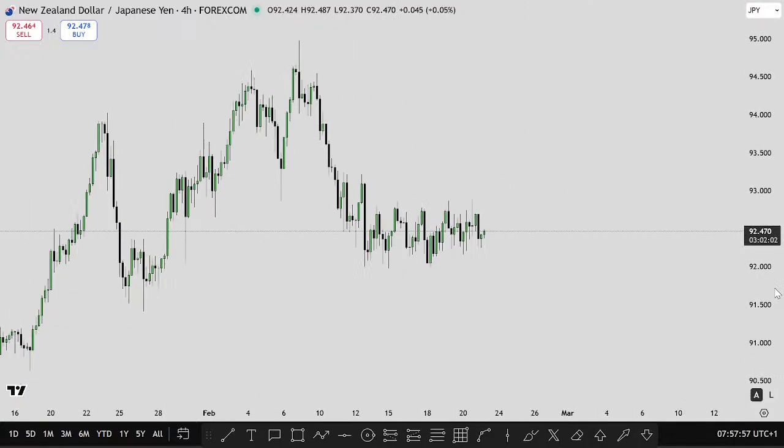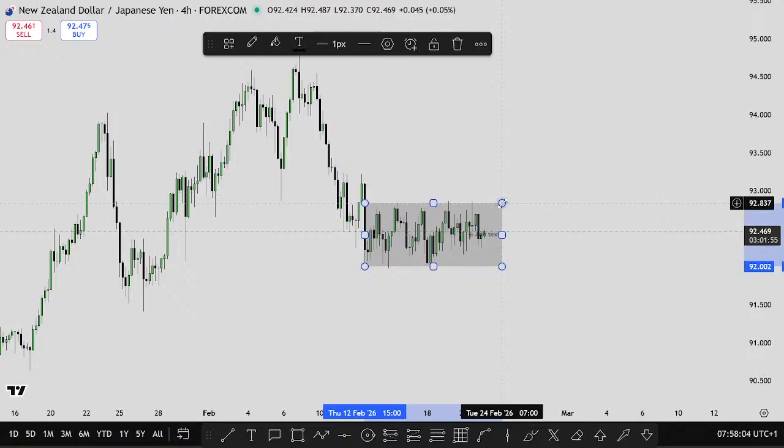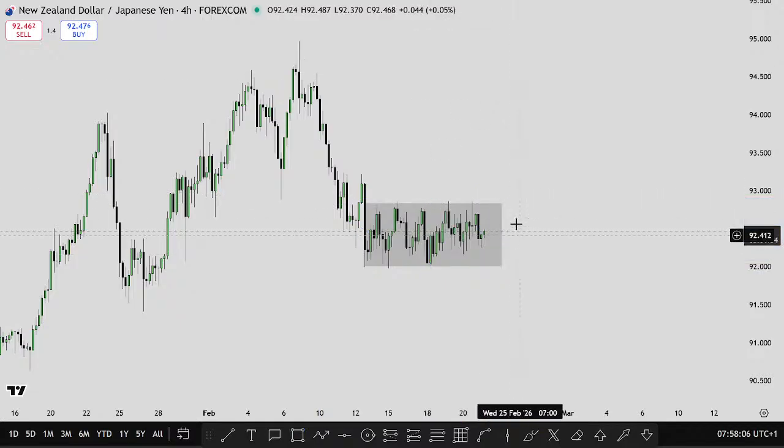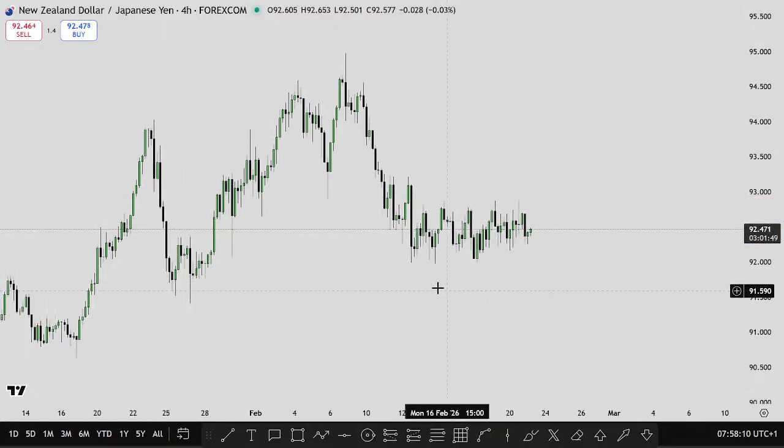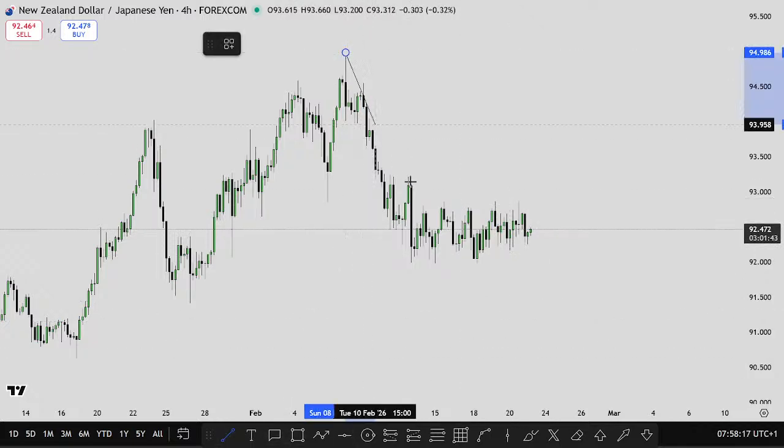So NZDJPY price is ranging, and until price breaks out from this, I will not be making any decision. Hold on, so I don't take this out of foresight, but let's see. Yeah, not clear. Hold on, let's do this.